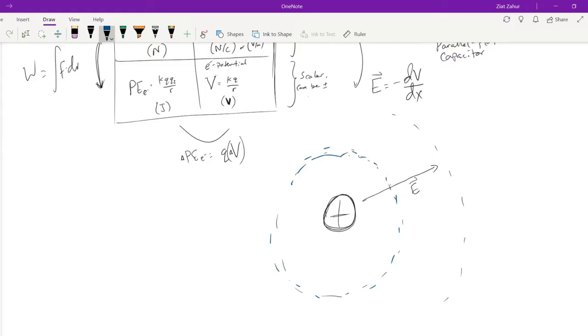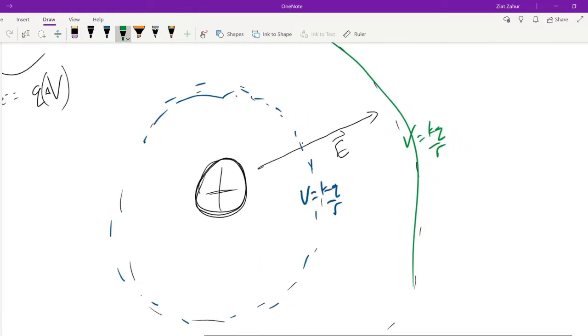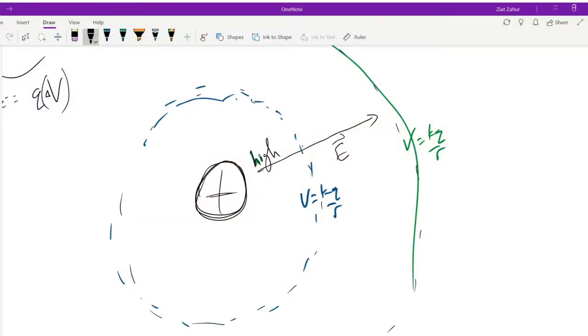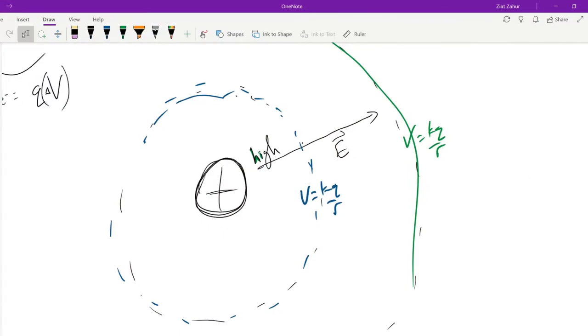And so the closer you are, the higher the voltage is. And as you go outwards, the lower the voltage. So you go from high to low. High to low potential.